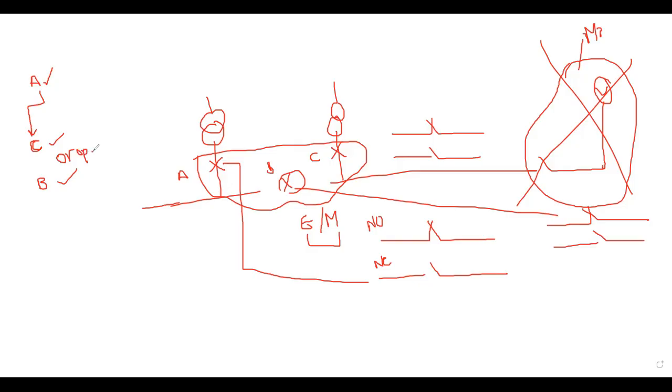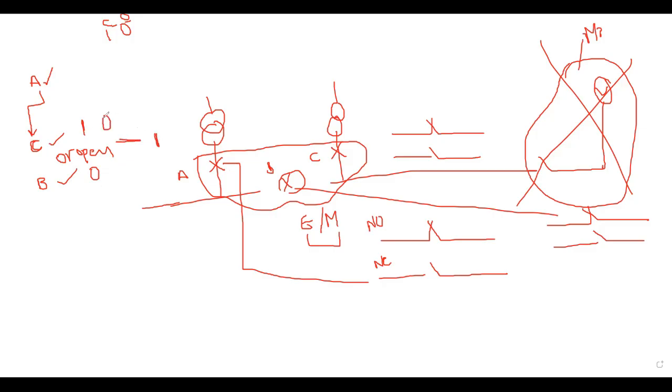Right? If I want to close the A breaker, the C breaker or B breaker, either one of them should be in open position. Taking 1 for close and 0 for open: if this is 1 and this is 0, it should give a result of 1.